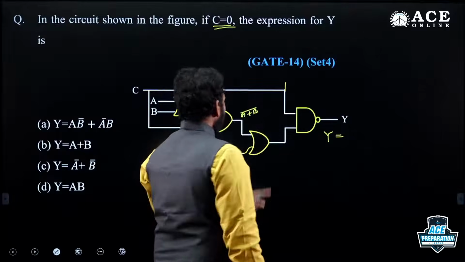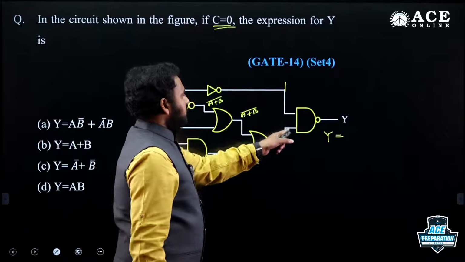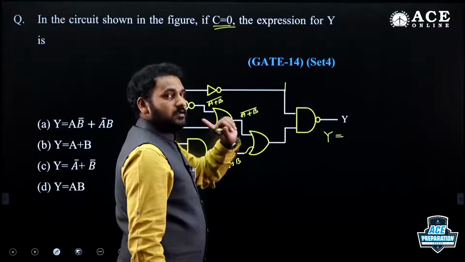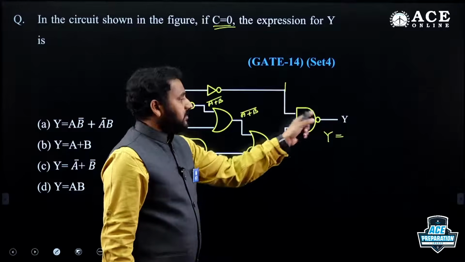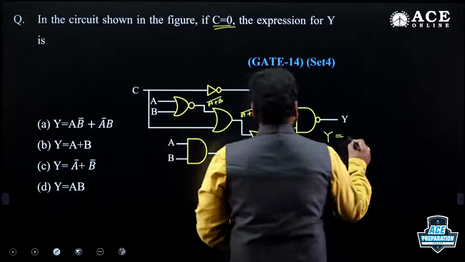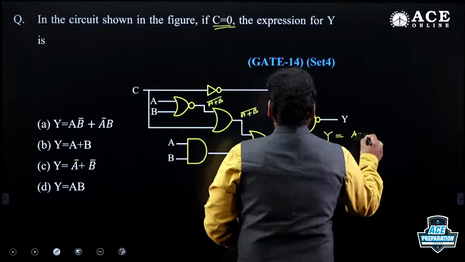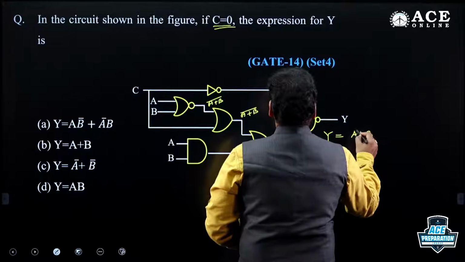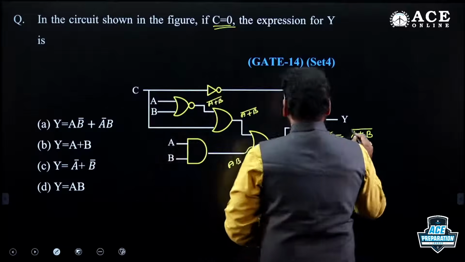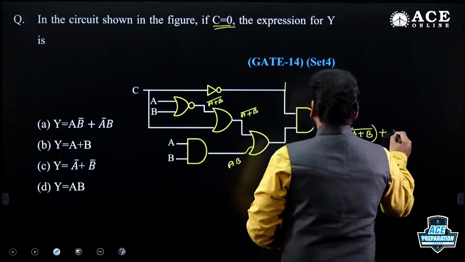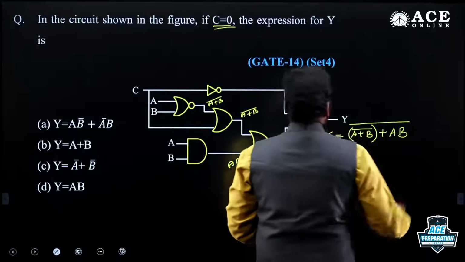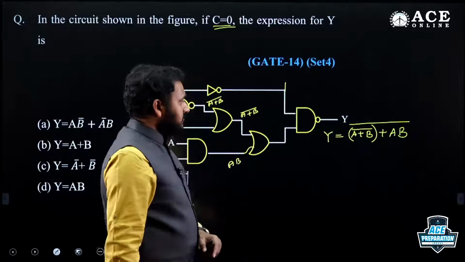Y is equal to 1 dot x, assume x dot 1 x, it's a whole bar, right? Because bubble and plus, not. So A plus B bar plus AB dot 1, of course, same thing, whole bar.